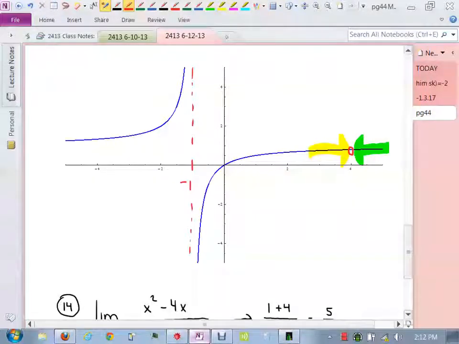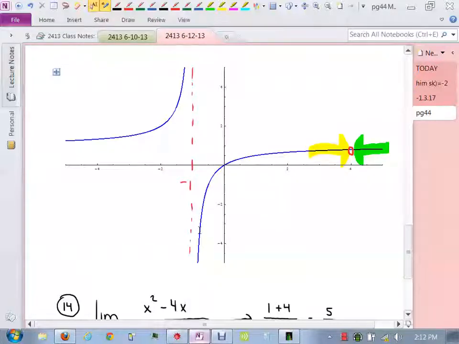Does everyone see that? On the one we did previously at 4, it looked like we were coming into the same place from the left and the right, correct? And we got 4/5. But on this one, what's the limit from the left? Positive infinity. What's the limit from the right?